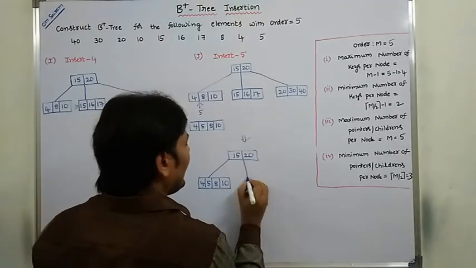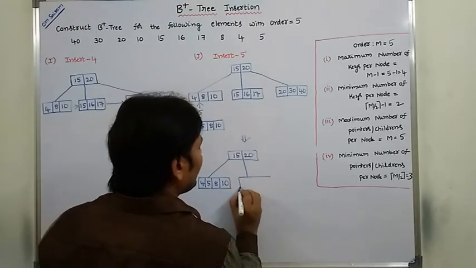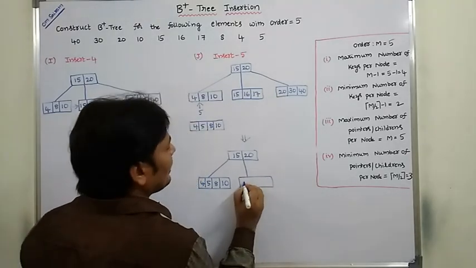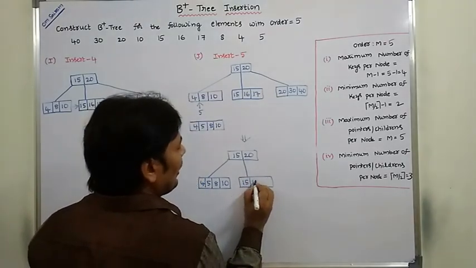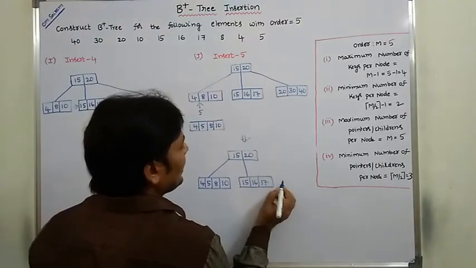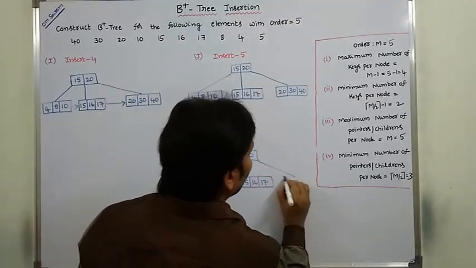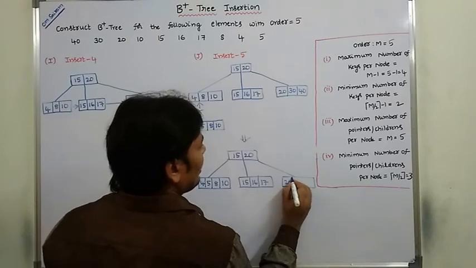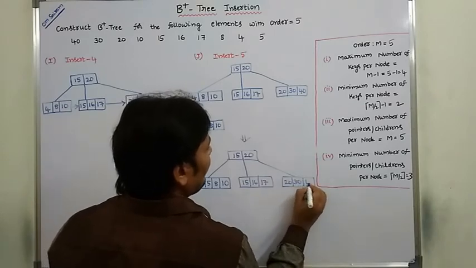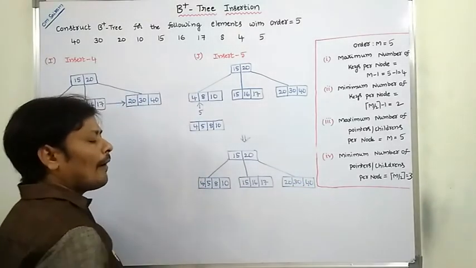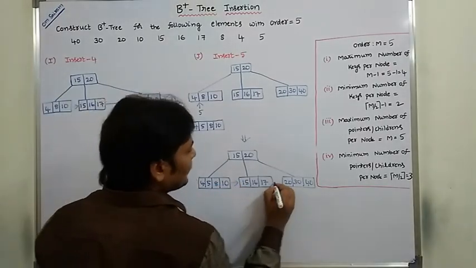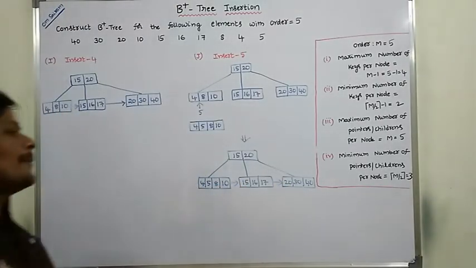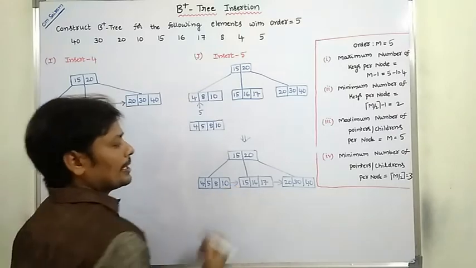Next, the middle pointer points to a subtree that contains the key elements 15, 16 and 17, and the right pointer points to a subtree that contains the key elements 20, 30 and 40. So okay, all the leaf nodes are linked to each other.